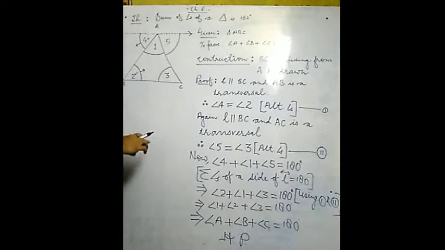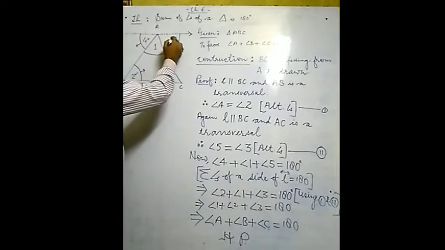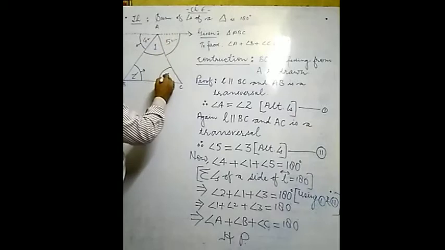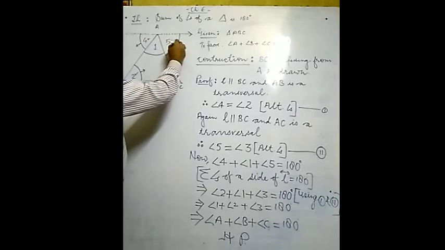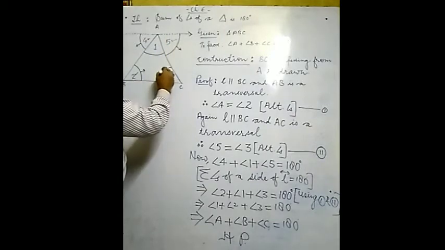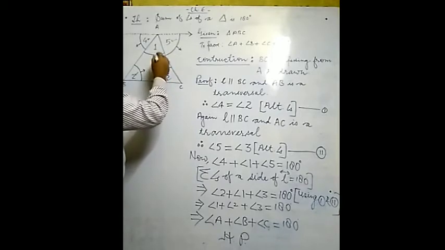In the same way, L is parallel to BC and AC is playing the role of a transversal. So it will follow the properties of parallelism. Again, there is a relation between angle 5 and angle 3. The direction of angle 5 is just here, the direction of this one is just there. Both are going in opposite directions.